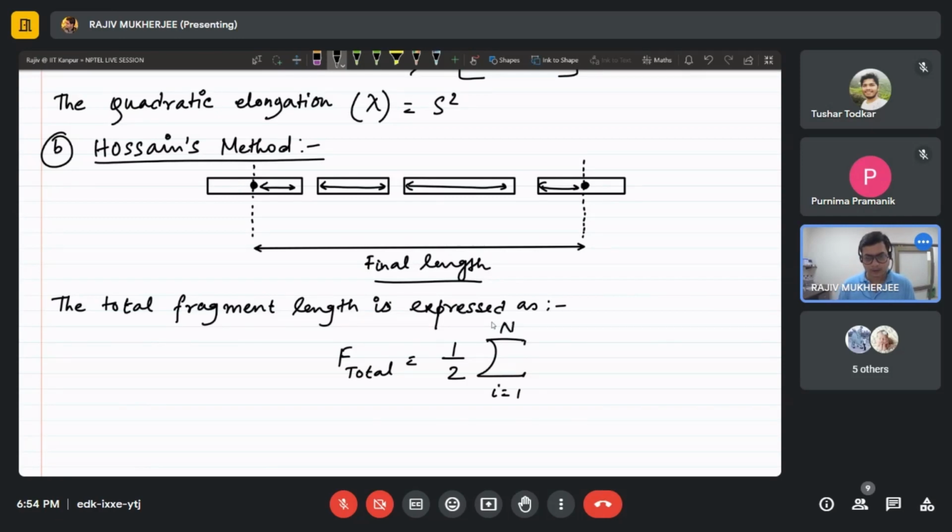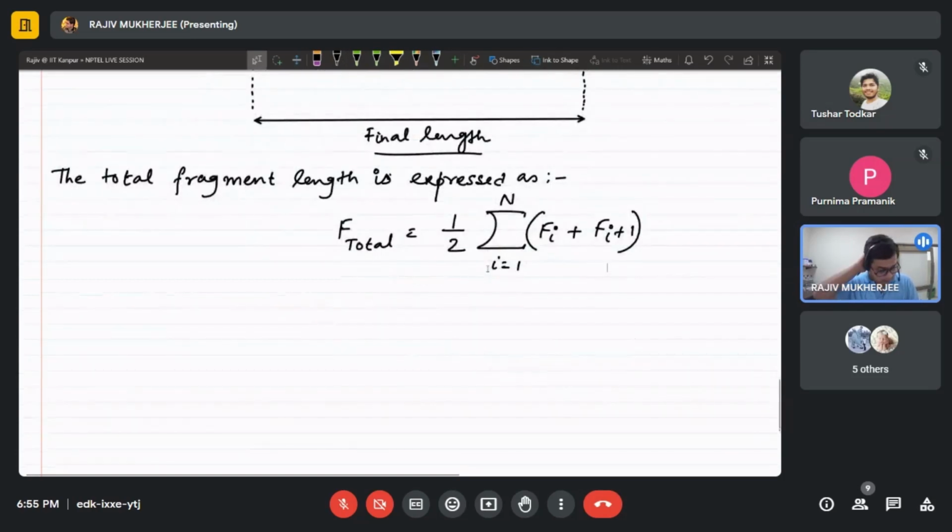Consider we are taking only n fragments, because we are cutting off the half of both ends, so that plus 1 is eliminated, and then we write f_i plus f_(i+1), right? From any end, if you start counting, you take the half of the last fragment. So that is how we calculate the total length of the fragments.